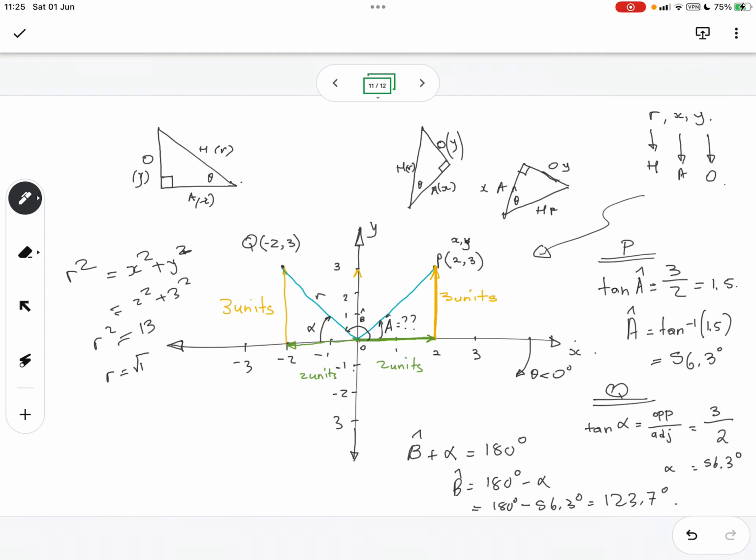Therefore, r is the square root of 13. Again, we don't do positive or negative if we're using Pythagoras. We don't do plus minus square root of, because it's a distance, it's exact. You can't measure negative 30 millimeters on your ruler. That's the whole point.